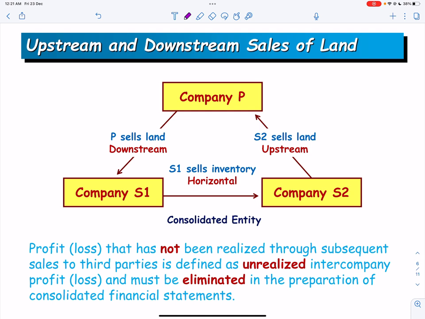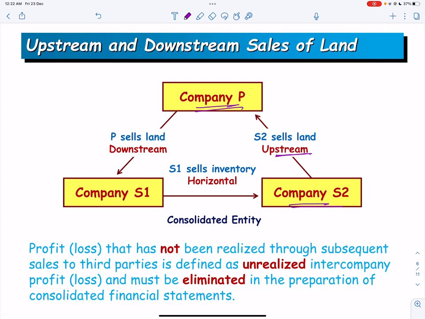An upstream transfer refers to a transaction in which the subsidiary company is transferring an asset to the parent company. Therefore, the subsidiary, being the seller, would report the results of the transfer as a gain or loss in its financial statements. Remember that the parent and the subsidiary keep their books separately.